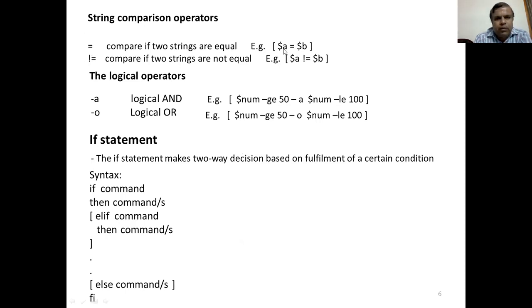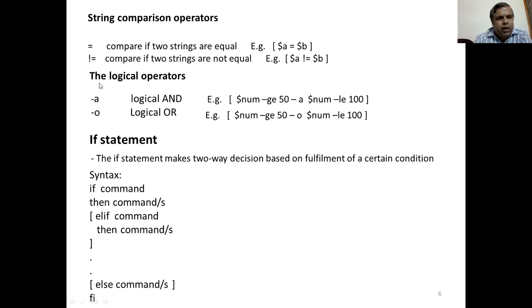In the example, the test command checks whether the string in variable A is equal to the string in variable B. Then it returns either 0 or 1. Not equal to compares if two strings are not equal. In the example, if the string in A is not equal to the string in B, and it is true, it returns 0, otherwise 1.